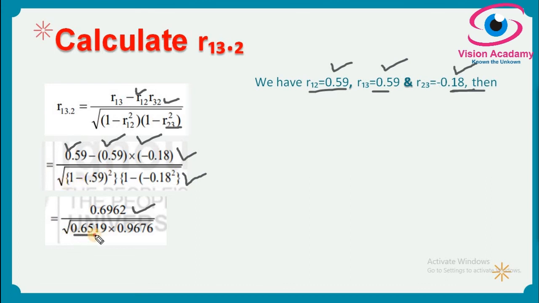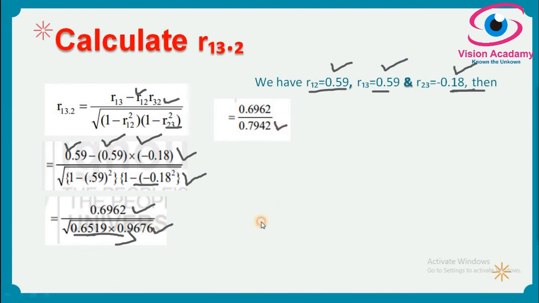So therefore I got 0.6519. In this case minus 0.18 into minus 0.18, so minus into minus plus. Now I will subtract by 1. I got 0.9676. For the next step I will get the simplified value. In the denominator firstly I will multiply, thereafter I will take the root. When I take the root, 0.7942.